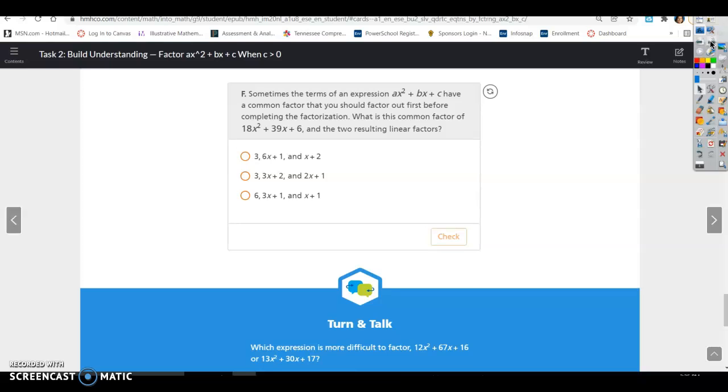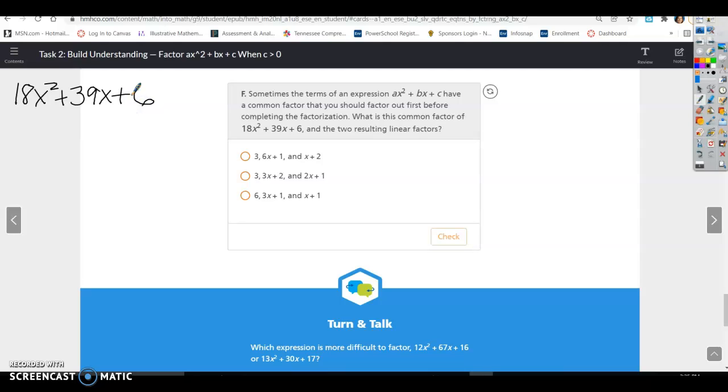It says sometimes the terms of an expression have a common factor that should be factored first before completing the factorization. So what is the greatest common factor here? I'm going to have 18x squared plus 39x plus 6.